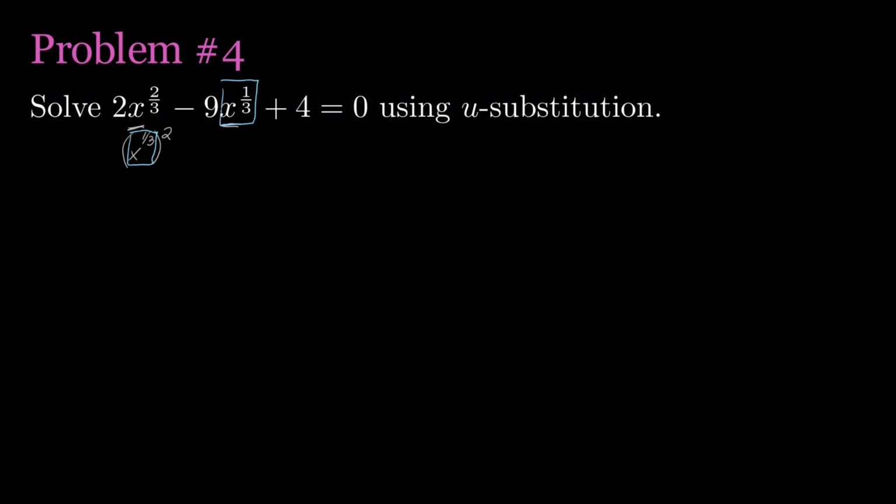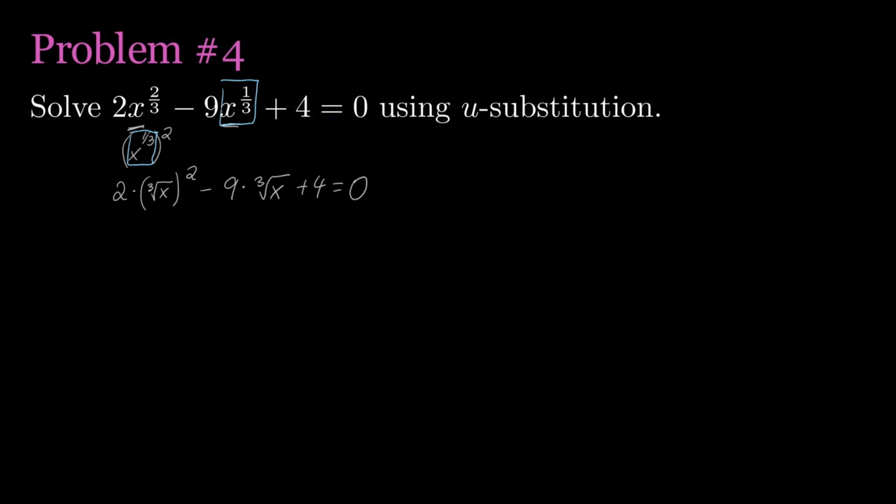But we also acknowledge that it really means the cube root of x, and we are more used to the radical notation, so we will rewrite our equation as 2 times the cube root of x squared minus 9 times the cube root of x plus 4 equals 0.